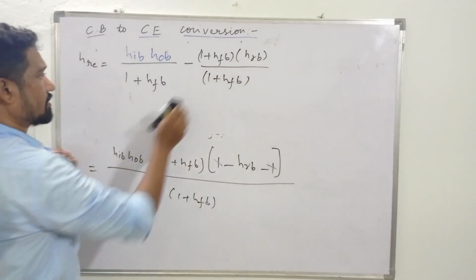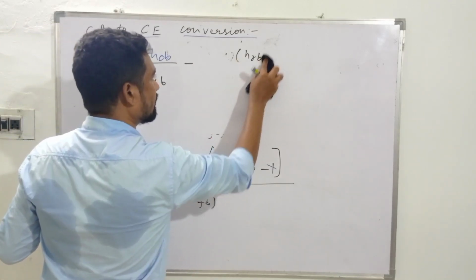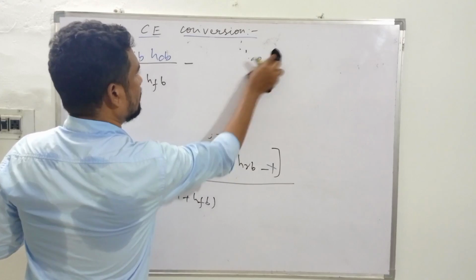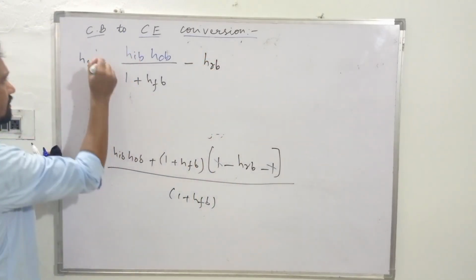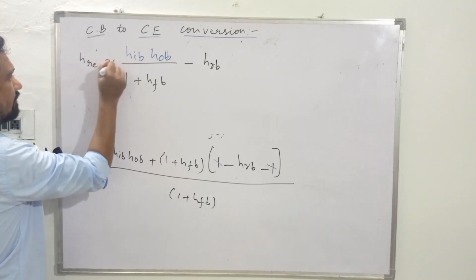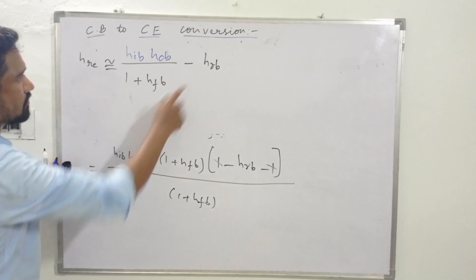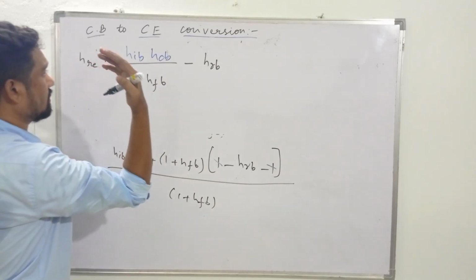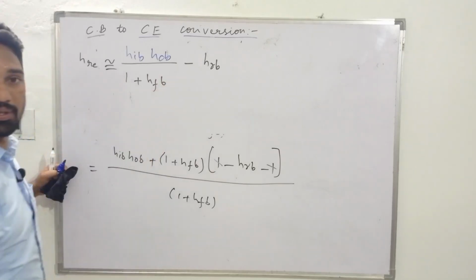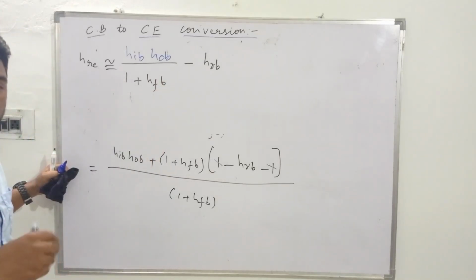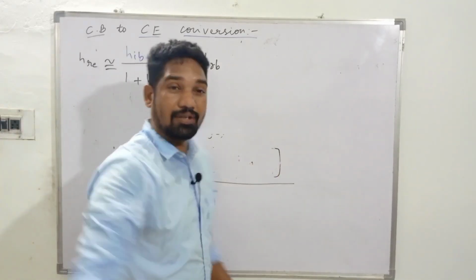All right, so this 1 plus HFB in the denominator and numerator gets cancelled. We have HRB, and this is the approximate value of HRE in terms of HRB. It's E, and all the terms are in B conversion, expressing emitter parameter in terms of base parameters, right? So hope you understood the analysis. Thanks for watching.